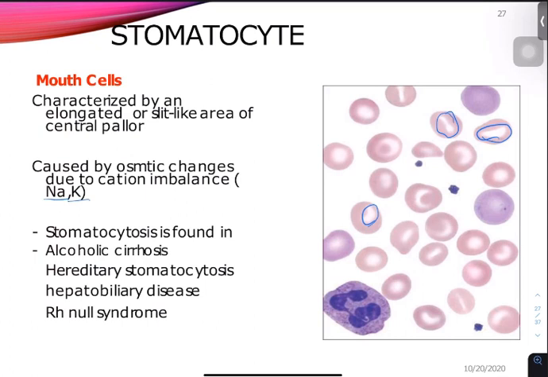Usually found in your alcoholic cirrhosis, liver cirrhosis, hereditary stomatocytosis, hepatobiliary disease, and then your Rh null syndrome. Okay? Usually, this is also caused by your artifacts. Bakit? They are fragmented cells. So, minsan humahalo na lang sila basta-basta. Okay?